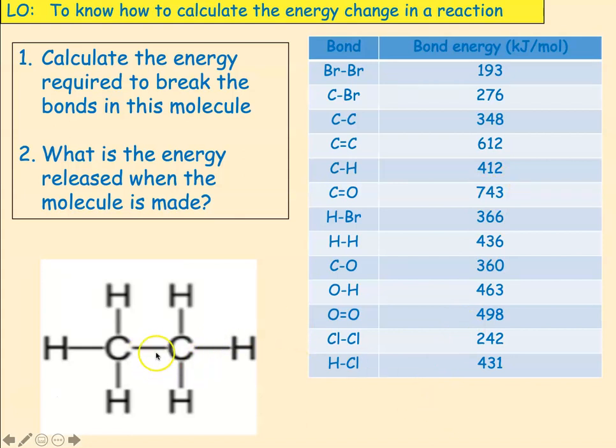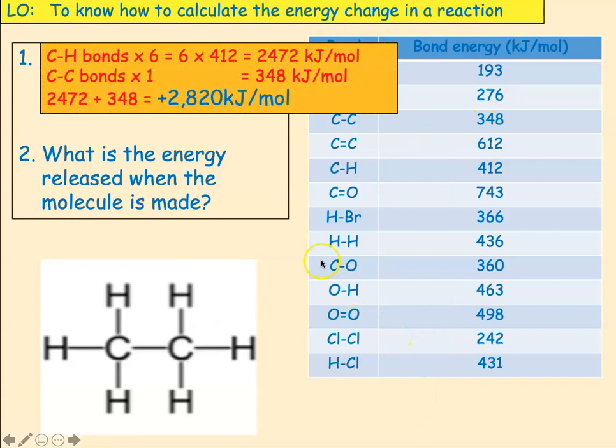But we must also remember we've got a CC bond there, so we need to add that on as well. And that's 348. So 6 times 412 is 2,472. We've got 1 CC bond, which is 348.